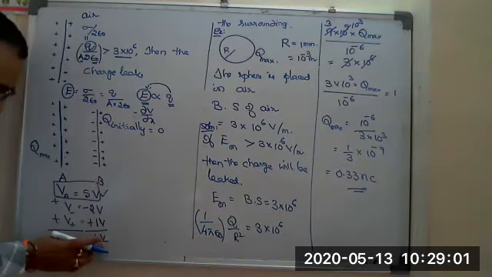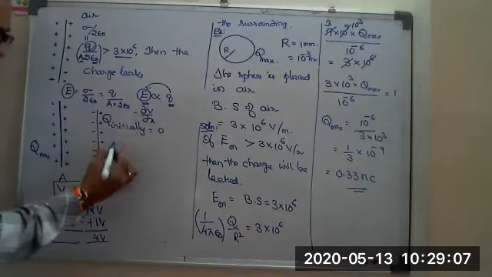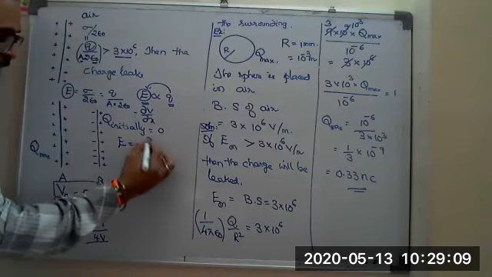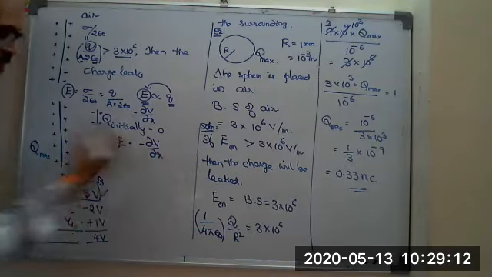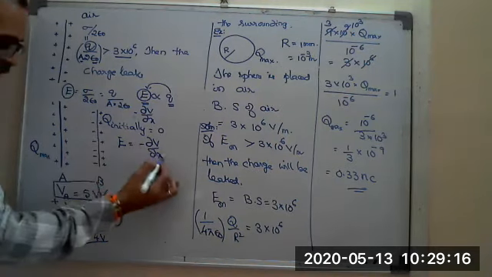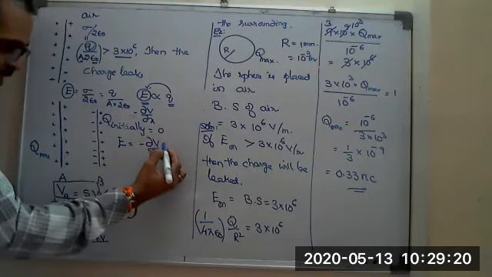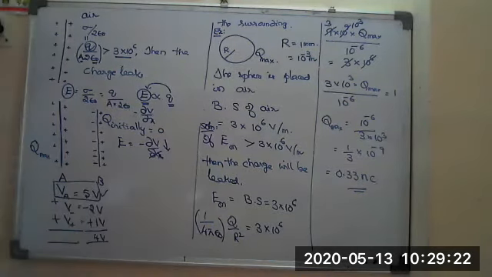Potential is decreased now. Look at this concept. If potential is decreased, according to the formula minus dou V by dou X, and I'm not changing the distance now, so it is constant, and this potential is decreased.